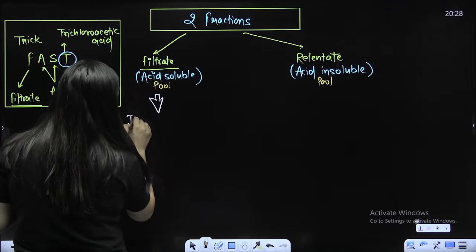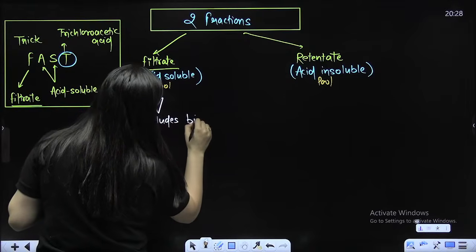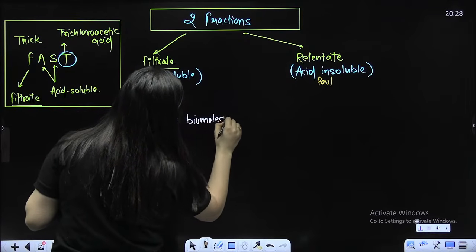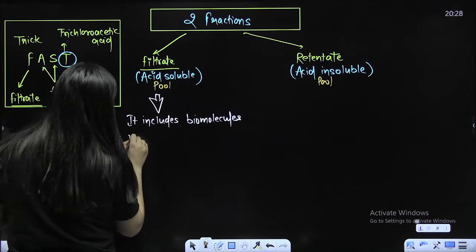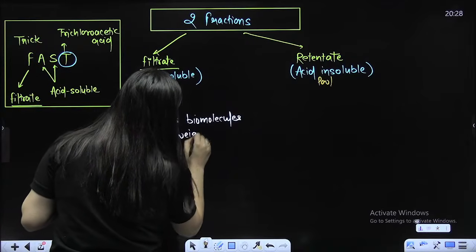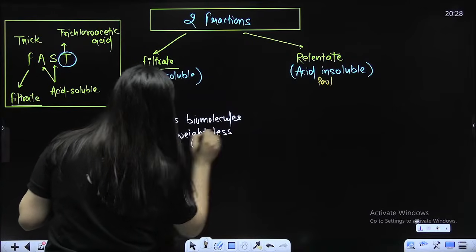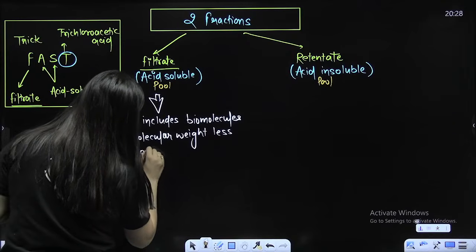It includes biomolecules having molecular weight less than 1000 Daltons. Less than 1000 Daltons.